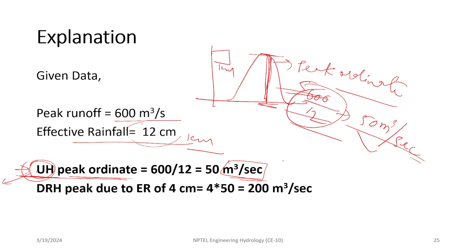But if you approach like this, firstly you have to compute the value for 1 centimeter of excess rainfall, and then multiply it by 4 centimeter, or 8 centimeter if the question asks for that. This is the approach you can follow, else your way is also correct.